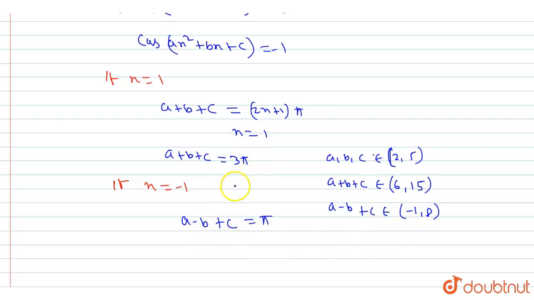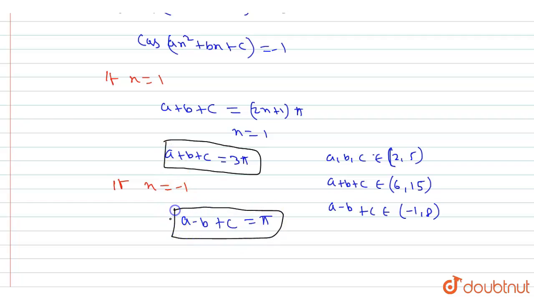So from these two equations, a plus b plus c is equal to this, and a − b + c equal to π. So from here we can write b is equal to π and a plus c is equal to 2π.